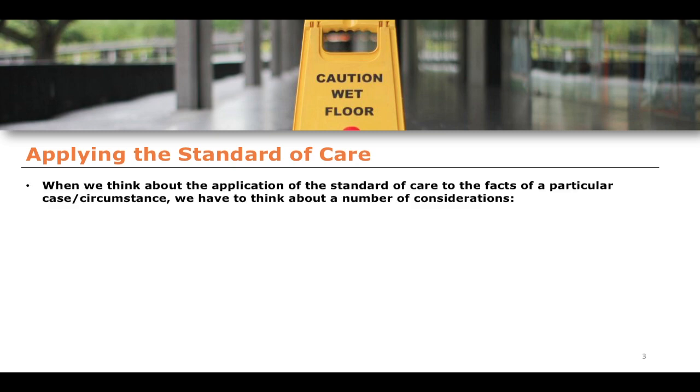So, when we think about the standard of care and the application of the standard of care, there are a number of considerations that we have to keep in mind. Don't forget, the application of the standard of care is essentially taking all the things that we have looked at in previous videos, talking about the reasonable person, maybe making adjustments on the basis of the Bolton test, or even making adjustments lower on the basis of the consideration of defendants being children.